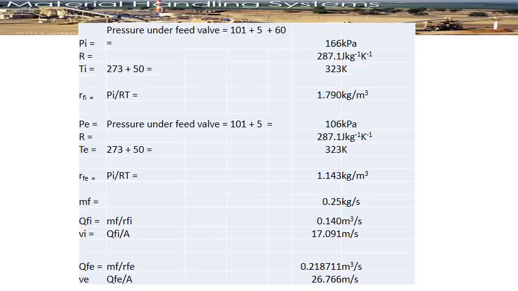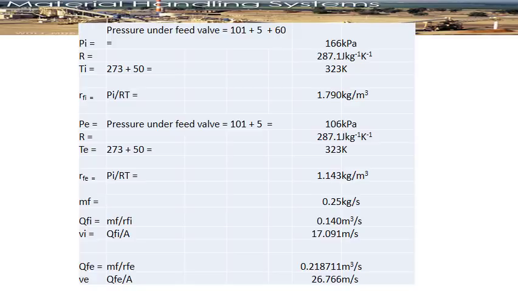So to find the density, we put 1 over specific volume. It's equal to PI divided by RT. Substitute all the values you have above for the pressure, the gas constant, and the temperature, and we can find that the density is going to be 1.79 kilogram per cubic meter.